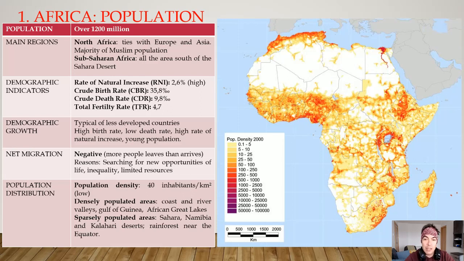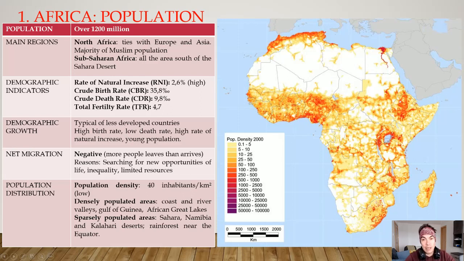The total fertility rate, if you remember, is the average number of children per woman. So for every woman in Africa, every woman of fertile age, which is between 15 and 49 years old, they have 4.7 children, which is a lot. So how is the demographic growth? It's the typical of less developed countries, which means they have a high birth rate and a low death rate.